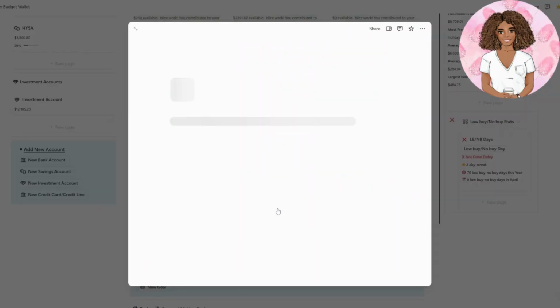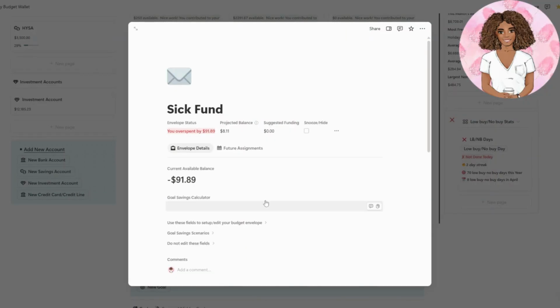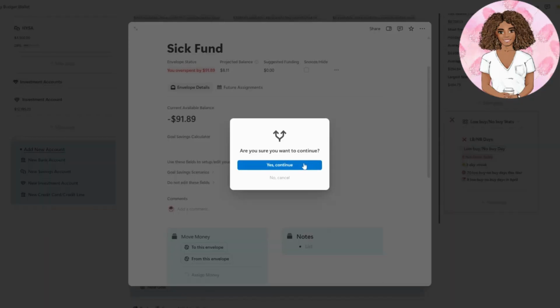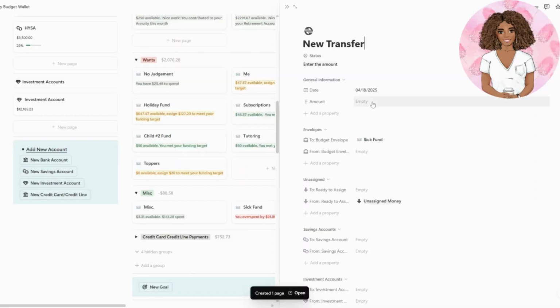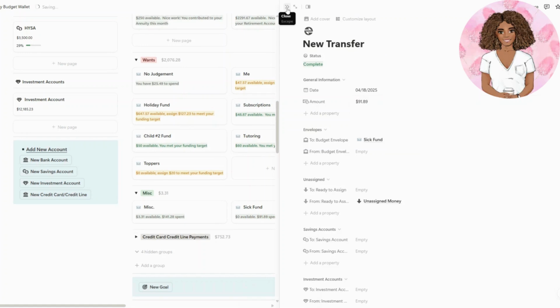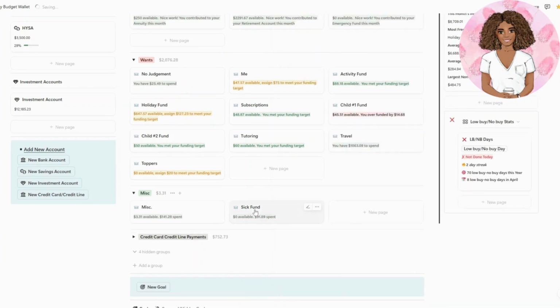Because the sick fund, I spent money that I didn't have in here. So I'm gonna fix that.